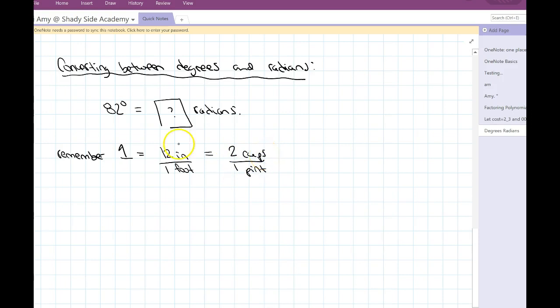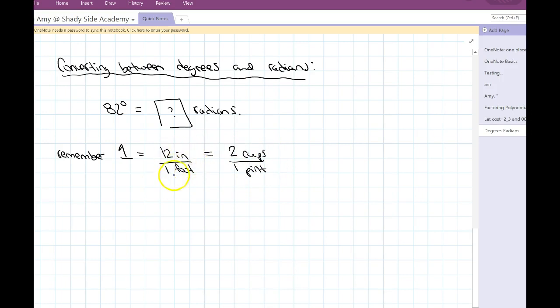The important thing here is that in these ratios, I know you'd see 12 divided by 1 and say 12 divided by 1 equals 12. 2 over 1 is 2. And you are right. But we're not talking about 12 divided by 1. We're talking about 12 inches over 1 foot. 2 cups over 1 pint.